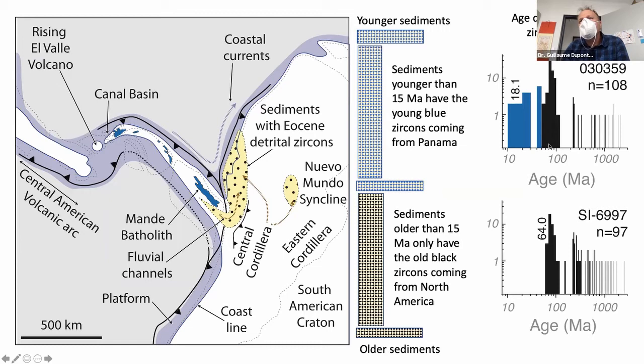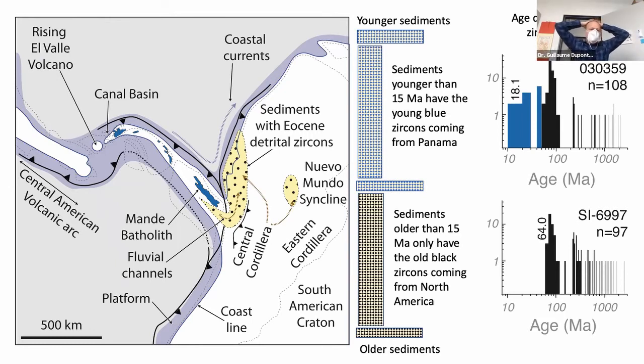This one has a lot of ages, around 100 million years here, or 80 million years, that are more like from North America. But it also has these young ages that you do not find in North America, and you can only find in Panama. The blue grains come from Panama. But the black is South America. Yeah. Did I say Panama? North America. Oh, North America, yeah, sorry.